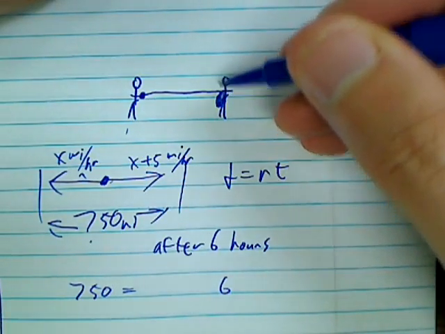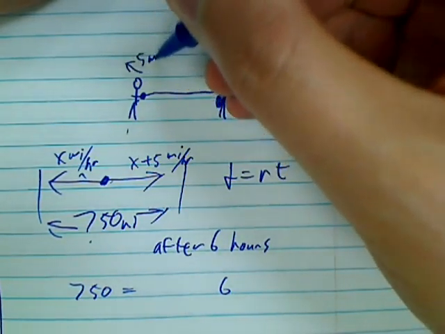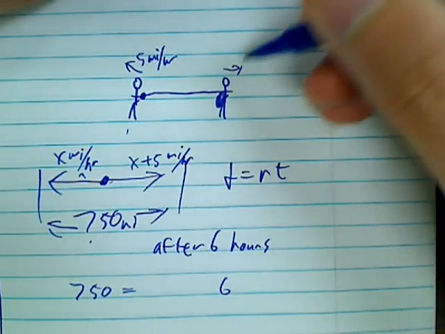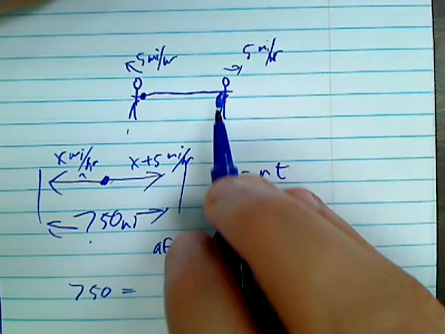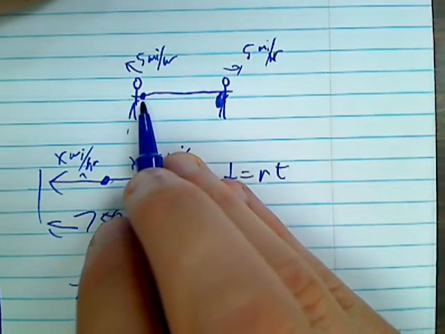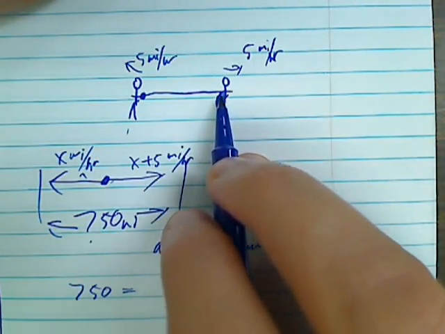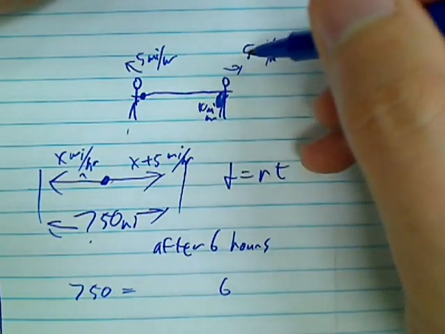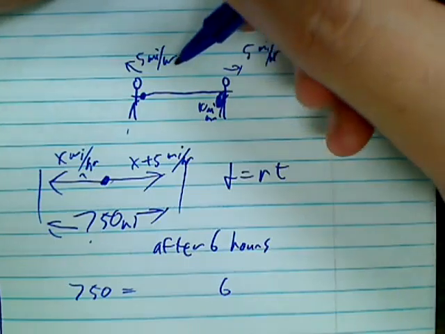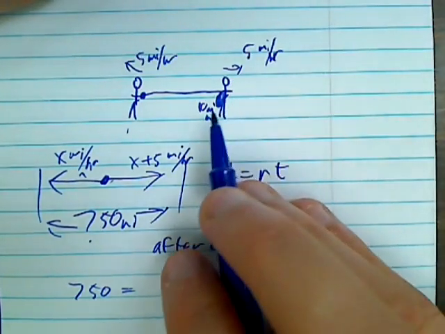If this person was walking at 5 miles per hour, and this person was walking at 5 miles per hour, which is pretty brisk, I suppose, the string would come out of this person's hand at 10 miles per hour, because this is 5 miles per hour this way, then this person's also pulling at 5 miles per hour, so it'd be 10 miles per hour total.